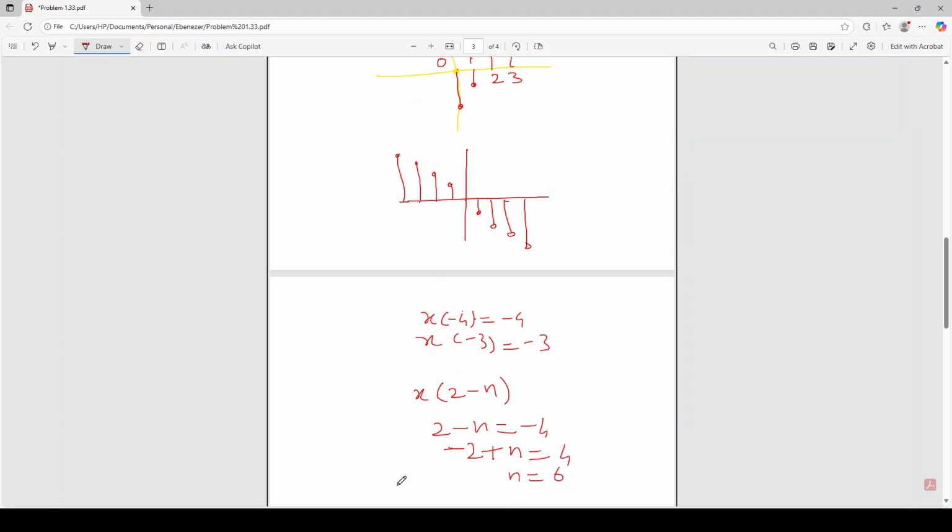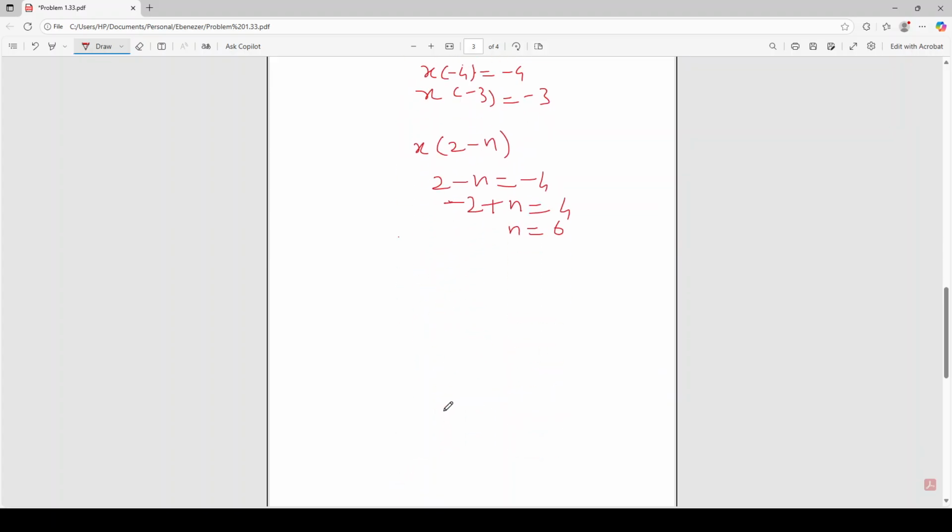Maybe you can write a table to make it easy. If you tabulate it, it will become very easy.